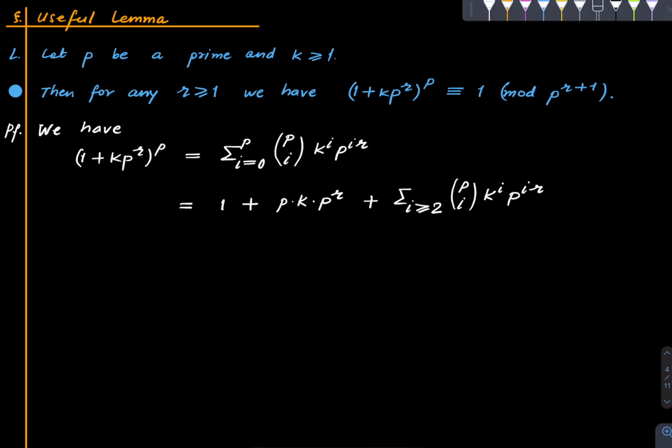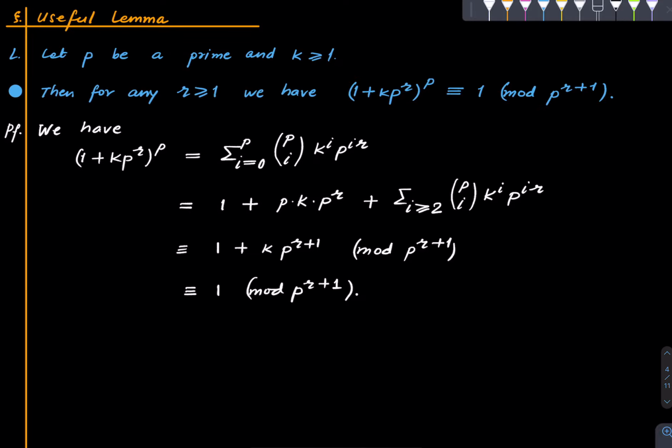Now for i greater than or equal to 2, p to the ir is divisible by p to the r plus 1, simply because ir exceeds r plus 1 whenever i is greater than or equal to 2, because r is a positive integer. So therefore this is congruent to 1 plus k times p to the r plus 1 modulo p to the r plus 1, but that is of course congruent to 1 modulo p to the r plus 1. That's it. That proves this lemma.